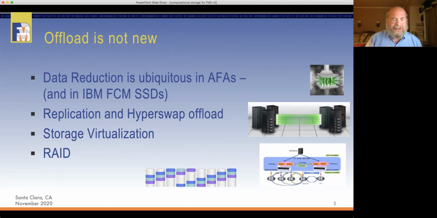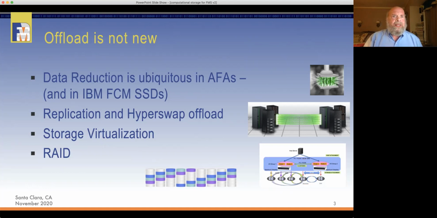Of course, RAID is something that's been around for quite a while, and that is a redundancy technique to improve fault tolerance, a little more efficient than if you have 2 copies or 3 copies. And that RAID is a function that all flash arrays do today. And therefore, that's offloading the processor. So we already have a rich assortment of offloads that are available today.